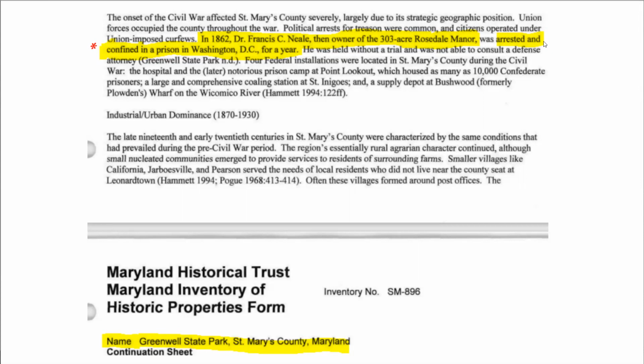It also goes on to say that he was confined in the DC prison for a year because, like so many of the landowners in Southern Maryland during this time around the Civil War, he was a Southern sympathizer. And those sympathies landed him in jail for a year. So we get some idea of where his head was as a result of some of this information that we're able to pull out of documents as it relates to Francis Neal.